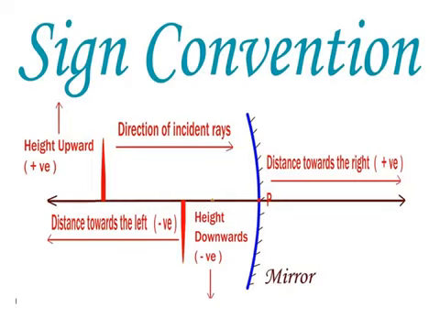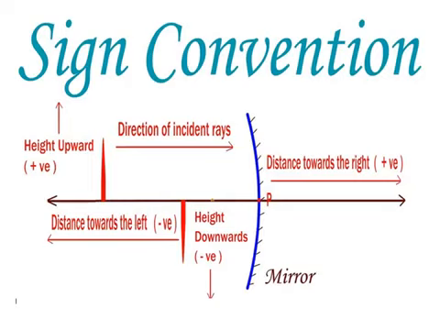And on the right side of P, distances towards the right are to be taken as positive. And you see the principal axis, you find an upward red color line. So distances which are above the principal axis are measured positive, and the distances which are below the principal axis are measured as negative.